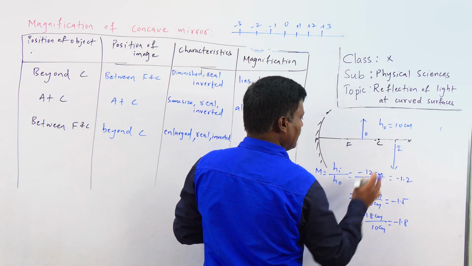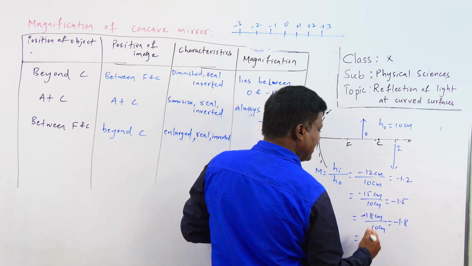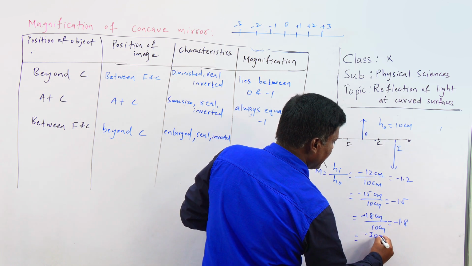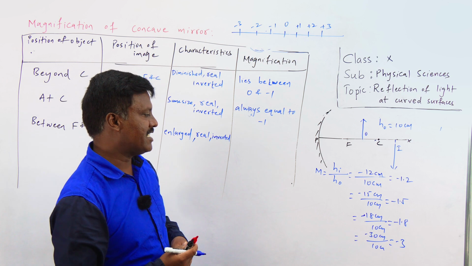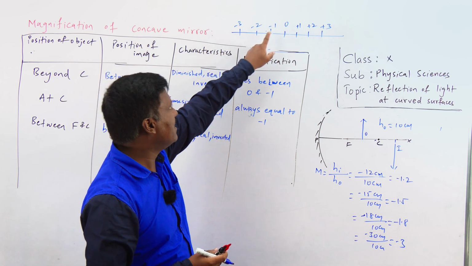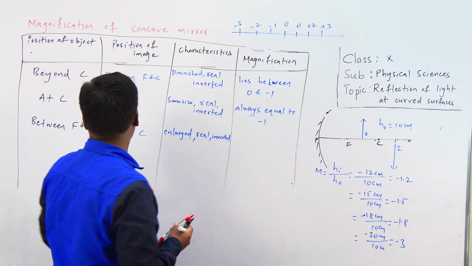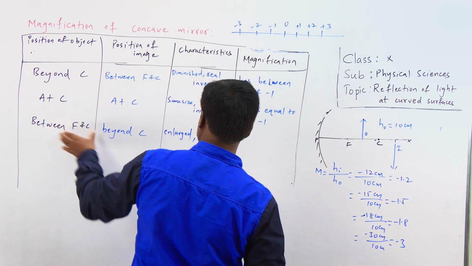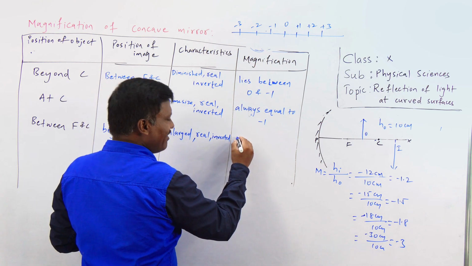If you take the height of the image as 30 centimeters, minus 30 by 10 centimeters, your answer is minus 3. Magnification value is minus 3. Minus 3 is less than minus 1. So from this what do you understand? When you place the object between focus and center of the curvature, what is the magnification value?